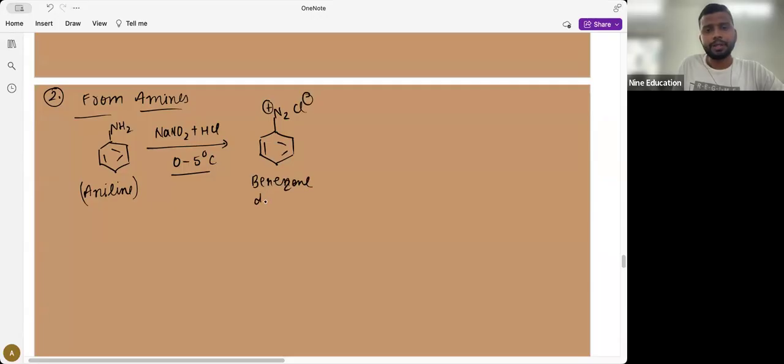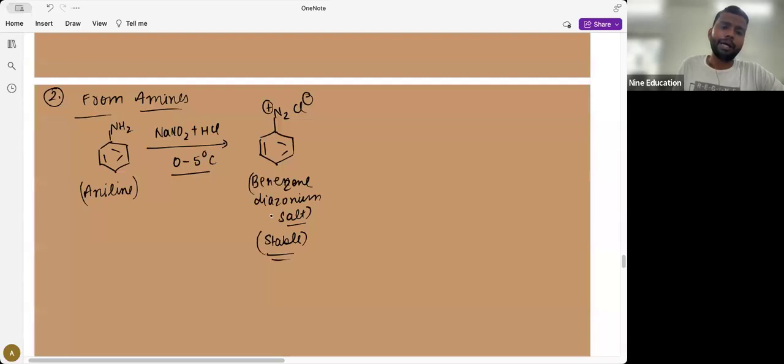Its name is benzene diazonium salt. Diazo means N2, an azo compound, right? Diazonium salt, because it is positive with Cl minus, it is a salt, and this is a little bit stable.